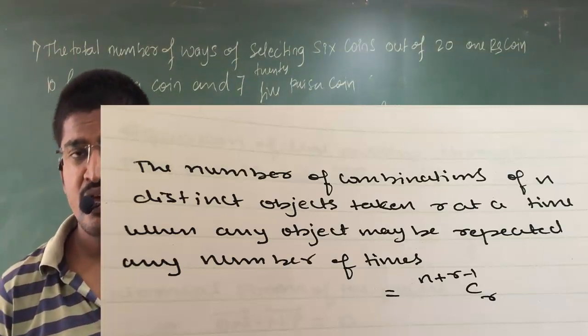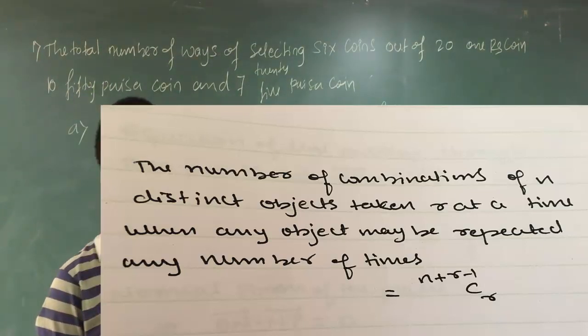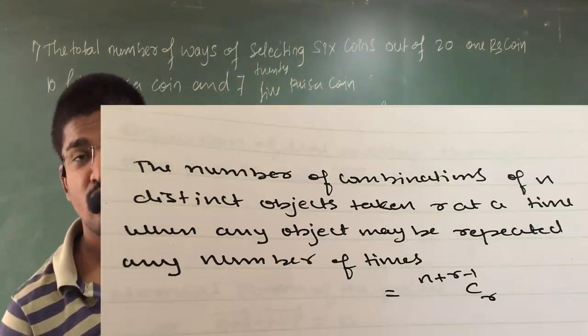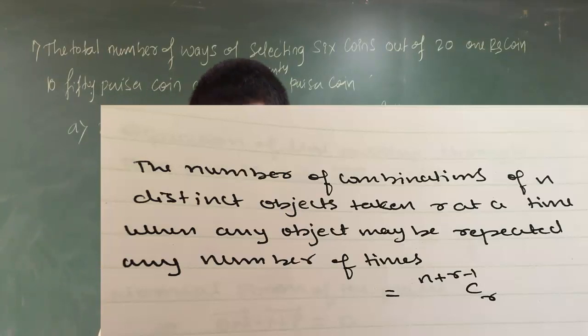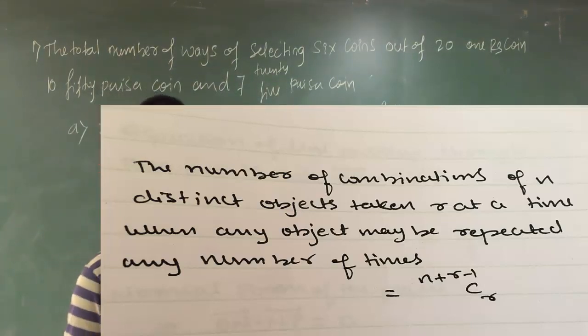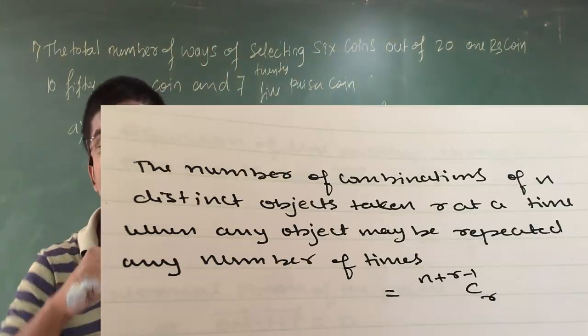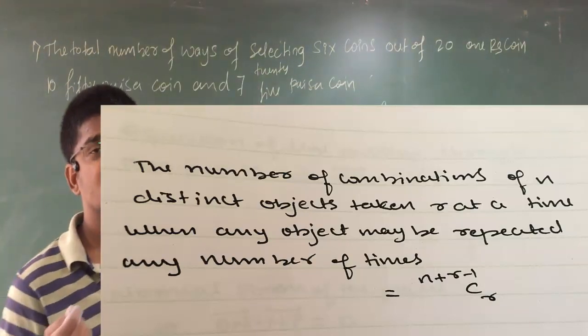See, again I am telling, there are n number of objects which are distinct. From that n distinct objects, r number of objects are taken, and that r can be repeated for any number of times. Clear, students?